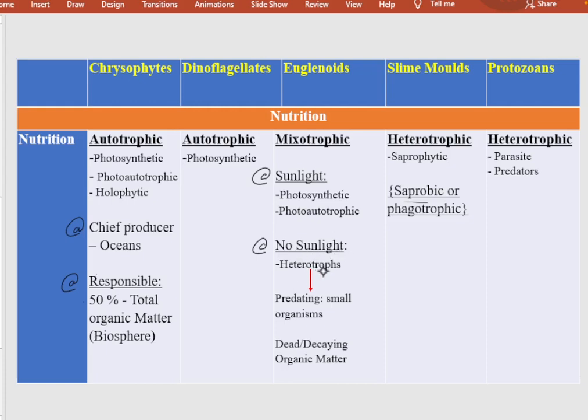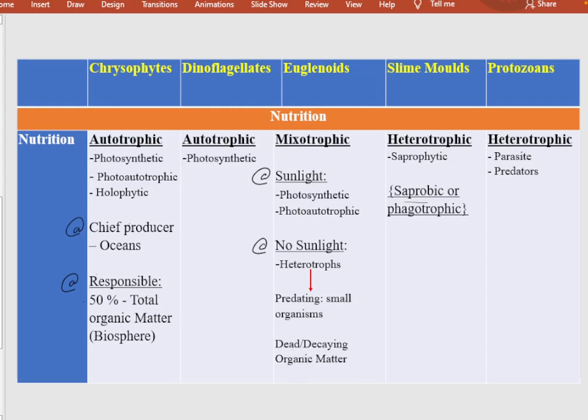When no sunlight is there, they act as heterotrophs, predating small organisms. Hence they are called producer-consumer protists. They consume and predate other small organisms, and they eat dead and decaying organic matter also.